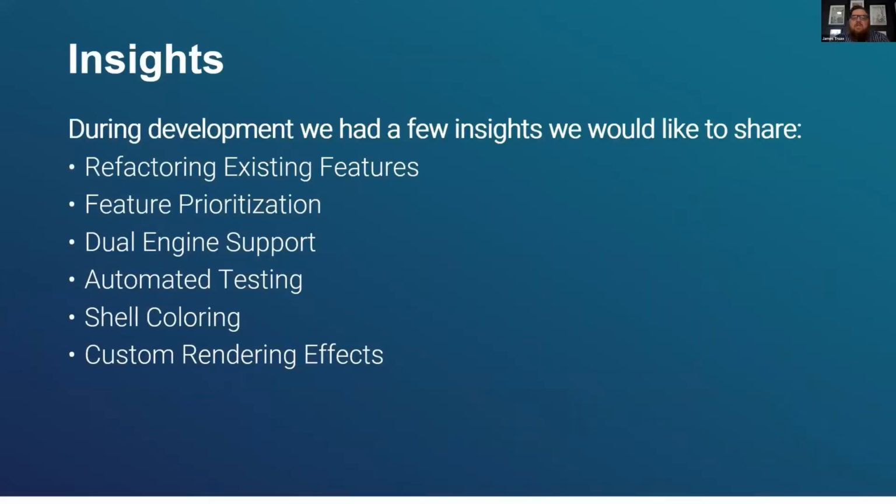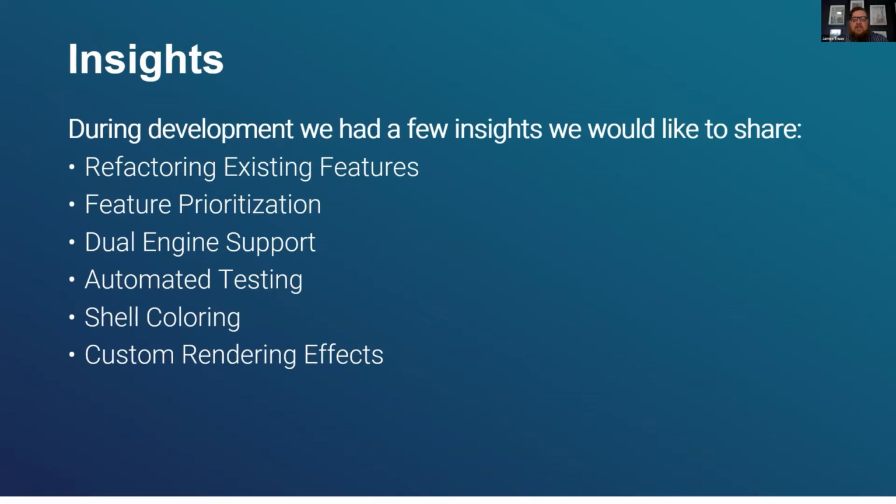The main focus today is to give some insights into what we learned migrating our engine to use Hoops, specifically the HPS APIs. Firstly, we needed to refactor existing features. We needed to prioritize features because this was going to be a multi-release schedule, so we needed to work on those high priority features. Then dual engine support, where the user can dynamically switch engines.